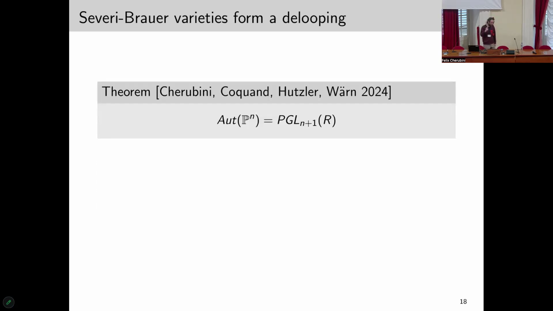And now a very important remark is that the type of Severi-Brauer varieties is a delooping. So let me explain this. First there is this theorem in synthetic algebraic geometry that the automorphism group of Pn is PGL n+1 over R. I will not explain what this is.